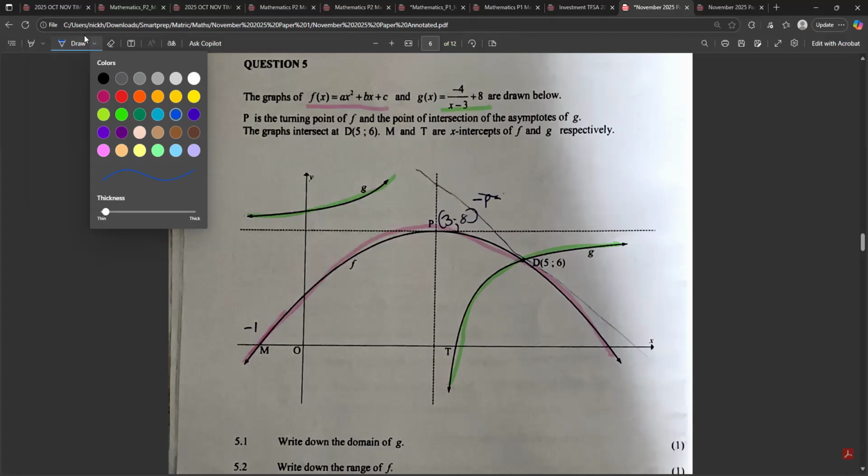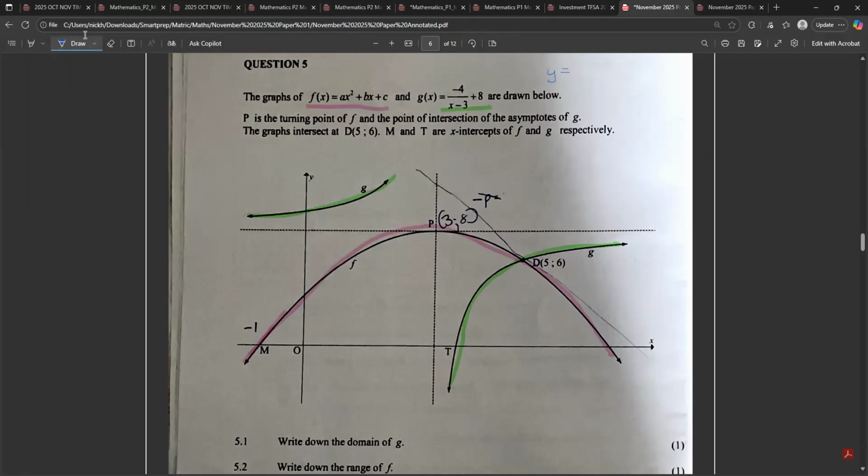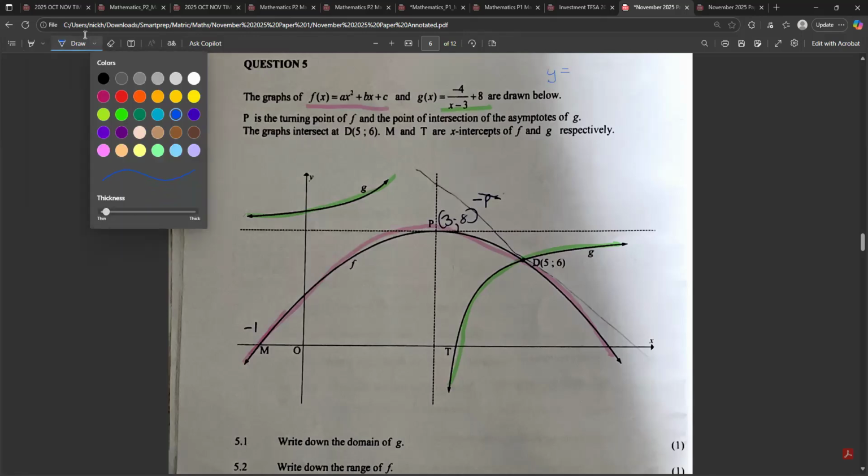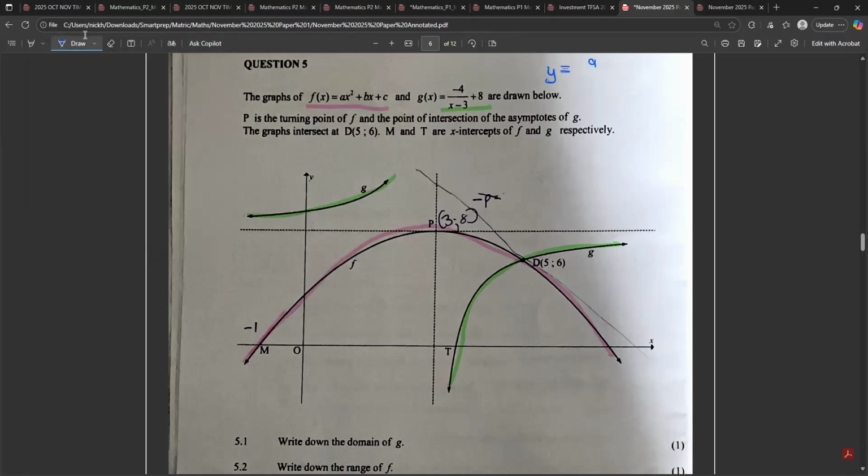We know that for a hyperbola, we have y equals a over x minus p, plus q, where p and q are the asymptotes.